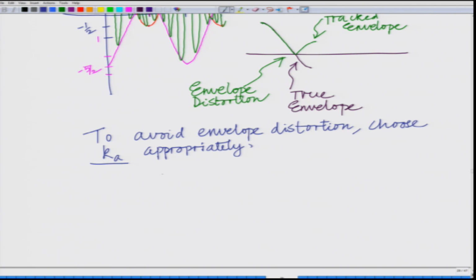In particular, one must have 1 plus Ka m(t) to be greater than or equal to 0, alright. This is the condition, correct. The envelope has to be greater than or equal to 0. This is the condition for no distortion.